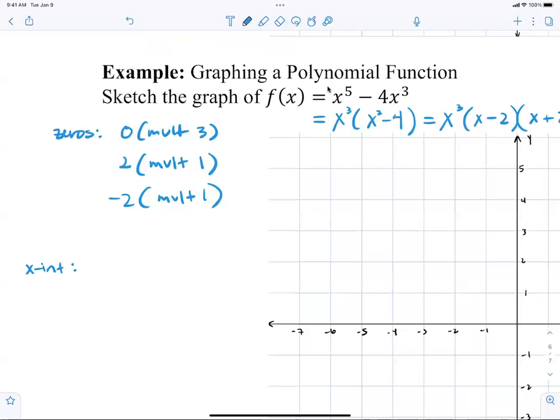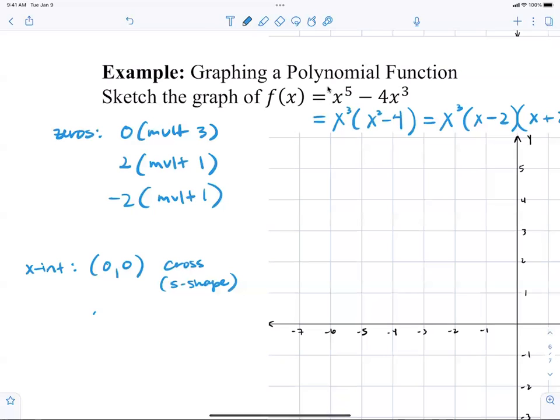Okay, so the x-intercepts would be 0, 0. What happens at 0, 0? Touch or cross? It crosses like an S, because the multiplicity is 3. If it were a multiplicity of 1, it would cross like a line. Any odd multiplicity greater than 1 will cross like an S shape, so 3, 5, 7 all will be like an S shape.